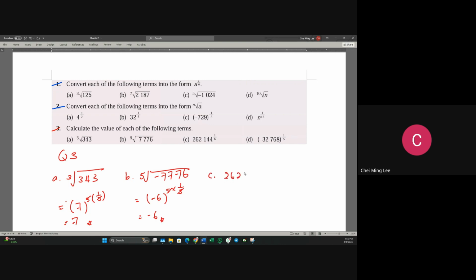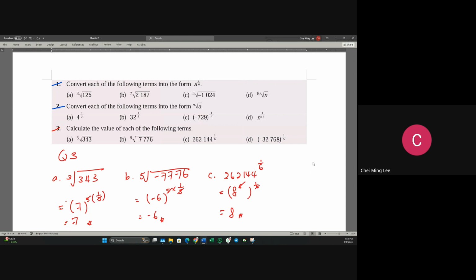C, 262144 to the power of 1 over 6. I think it's 8 to the power of 6 and then 1 over 6, so you should get 8.